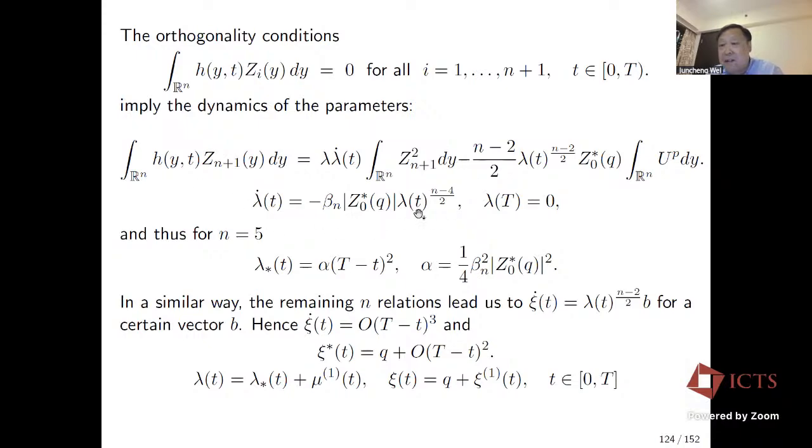And this is a rigorous proof. This is exact, the precise ODE for lambda, and we also get the ODE for the location. And for n equals 5, we get precisely lambda equals t minus t squared, and this gives the proof.